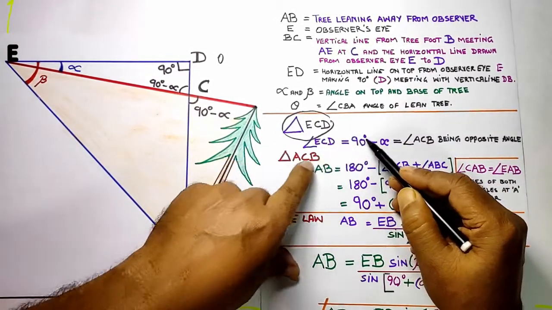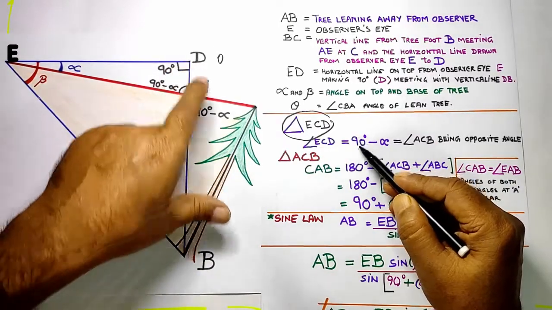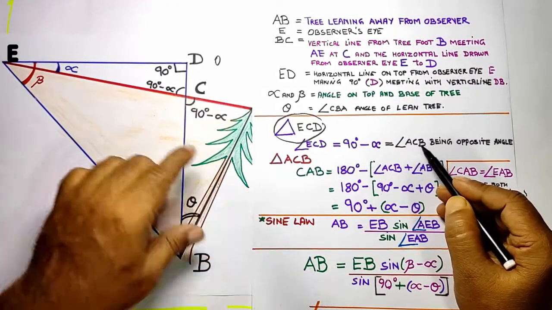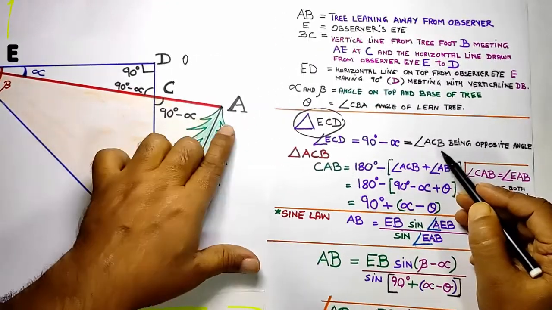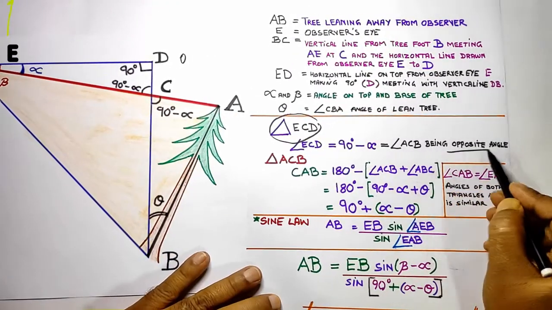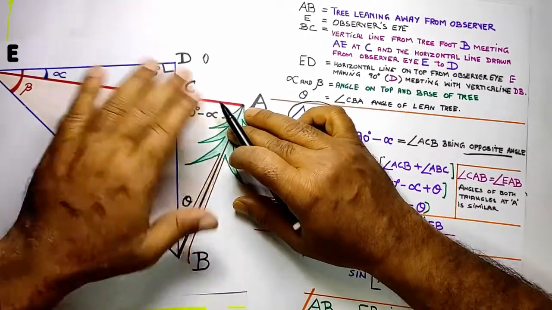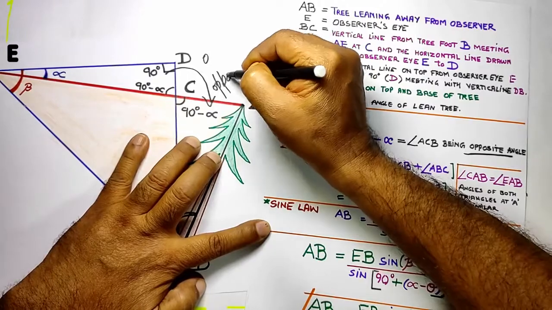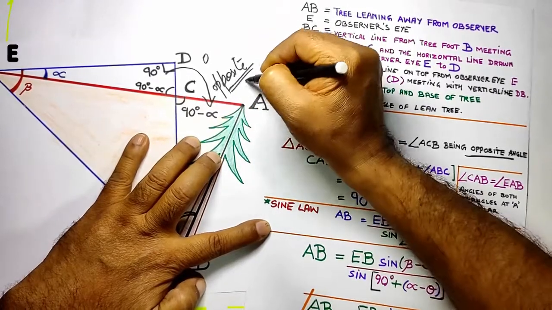ECD equals 90 minus alpha, this one is ACB. Now this ACB is an opposite angle. You can see it is an opposite angle.